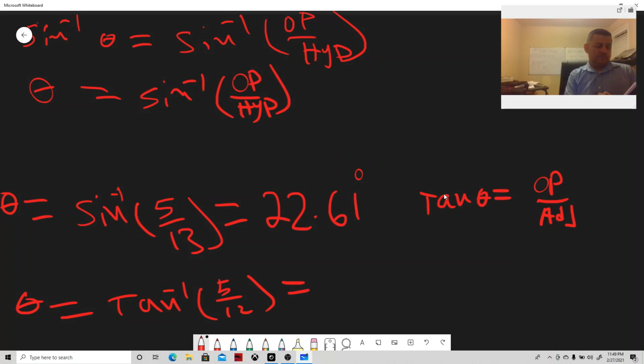Second tangent 5 over 12, which is equal to 22.61 degrees. See that? Exactly the same thing.